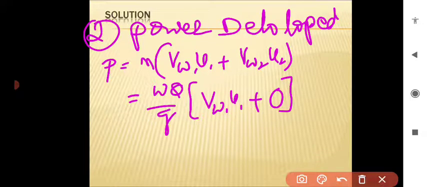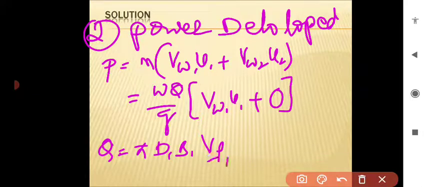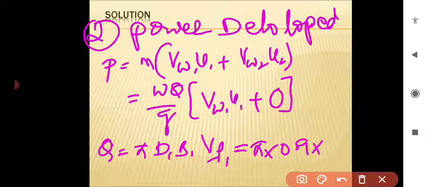We know that Q is equal to pi into D1 B1 Vf1. Substitute all this in this equation and you will get the Q value: pi into D1, which is 0.9, and B1, which is 0.15, and Vf1, which is 3.